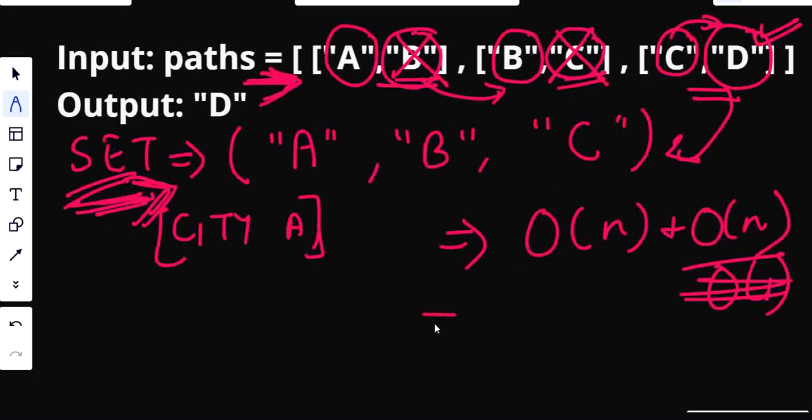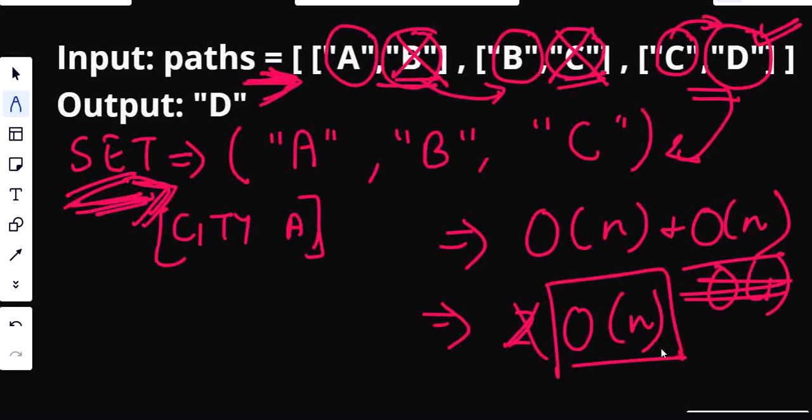And when we solve this, it will become 2 big O of n, so 2 is a constant, we can ignore it. So overall time complexity is big O of n for this approach, and space complexity will also be big O of n because we are creating a set in which we are storing all the city A's. So this was the optimized approach, and I think this is pretty clear.